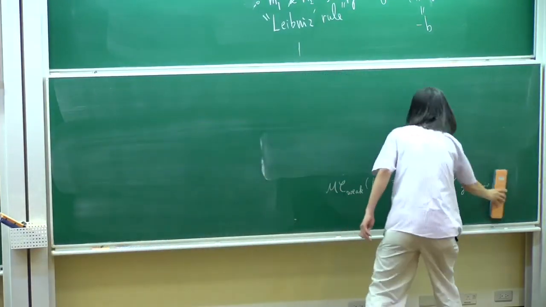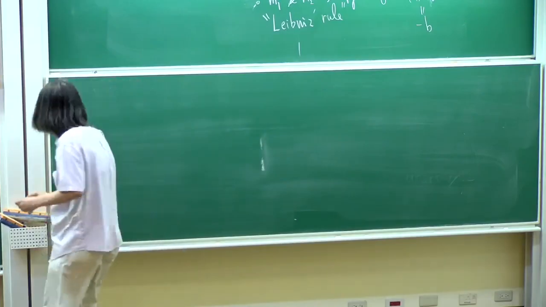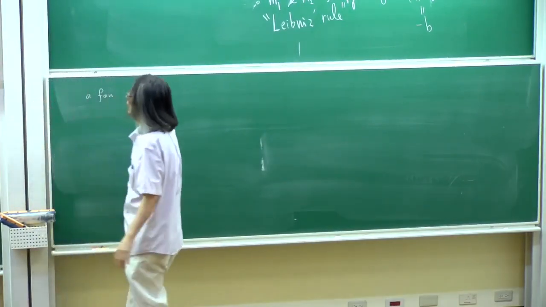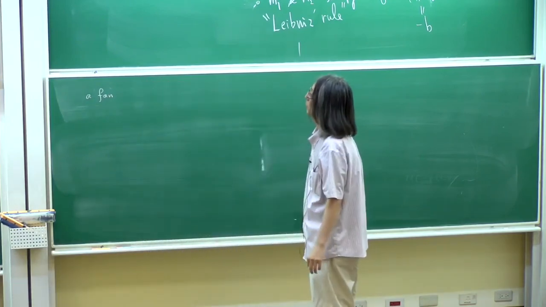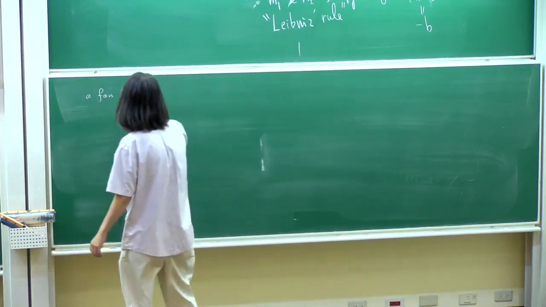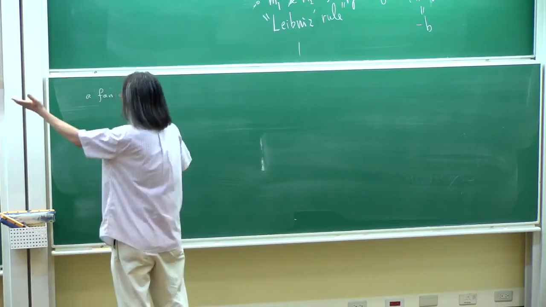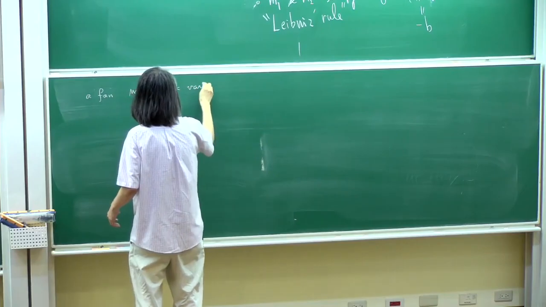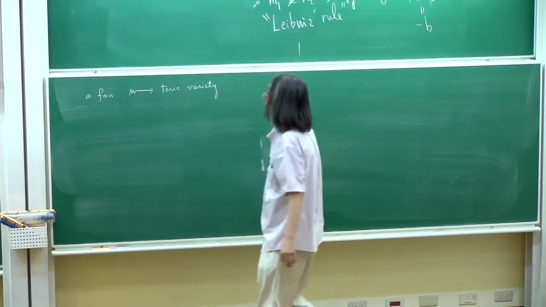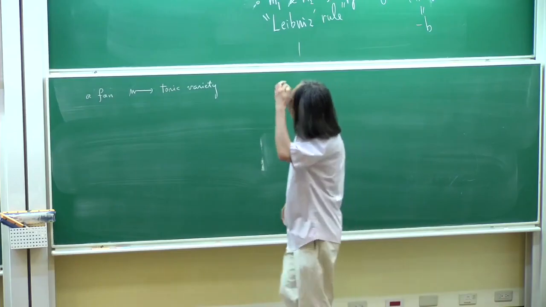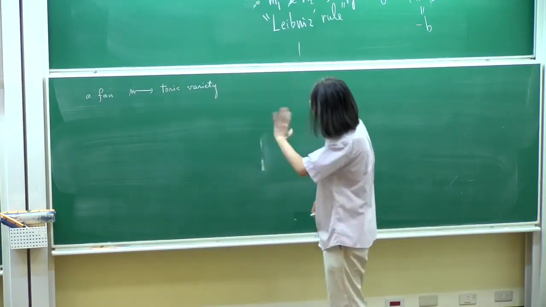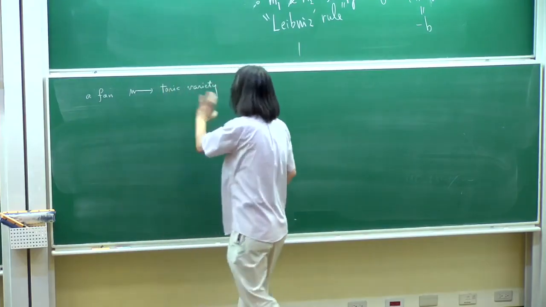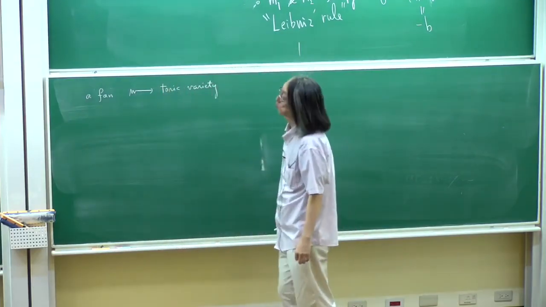And then, if we have a fan, from the fan you can construct a toric manifold, a toric variety. I won't explain the whole thing, but anyway, this fan gives you a toric variety.